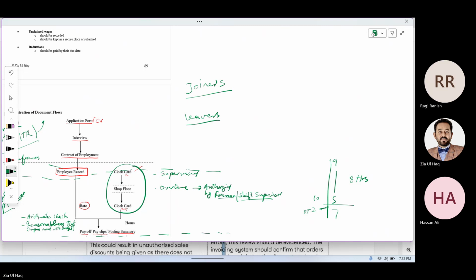Joiners are new employees who have newly joined the company. Their payments should be made only when they have started the work. Before the start date, their payment shouldn't be made.